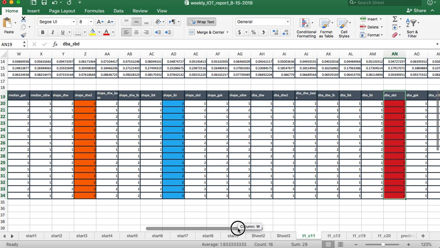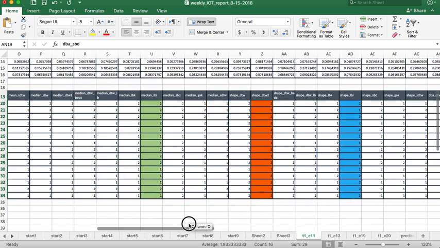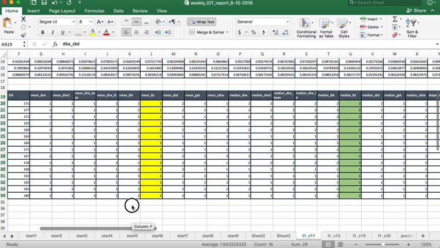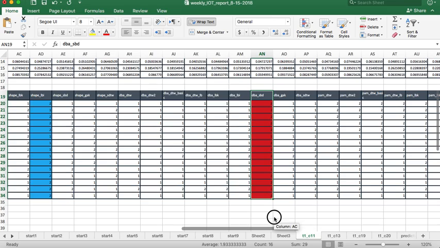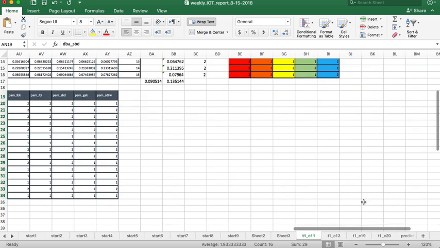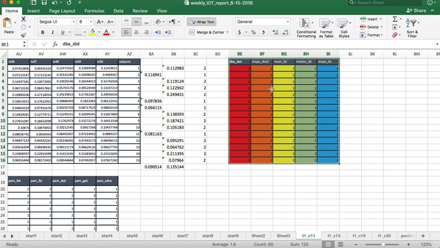Also, you see 5 columns have different colors. These are my best top 5 clustering outputs. I copy and paste those colored columns here, and I did majority voting for my cluster labels.